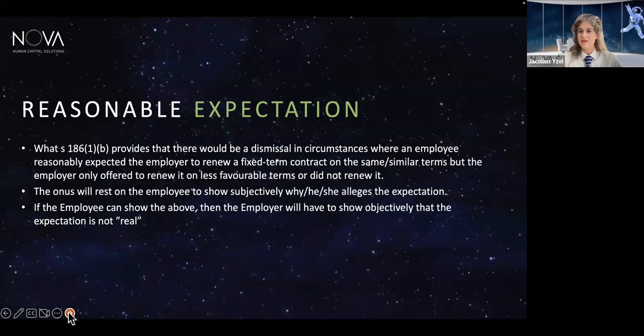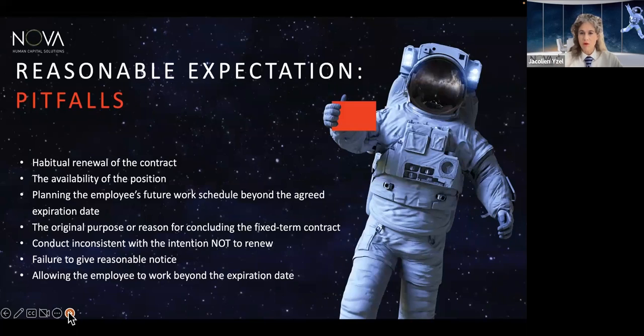So what are the things that employers should be on the lookout for not to create this expectation? Habitual renewal, you see, is at the top of my list. If you keep renewing this contract and you keep renewing it, and then one fine day you don't, and then you put somebody else in that position, I'm willing to risk saying I can promise you 99% sure the employee will be successful in proving that he or she had a reasonable expectation.